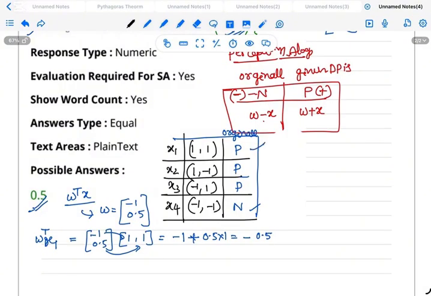Originally it is positive, but W transpose X is negative. W transpose X greater than 0 means positive. So if the data point X1 is originally positive and W transpose X is less than 0, that is misclassified.